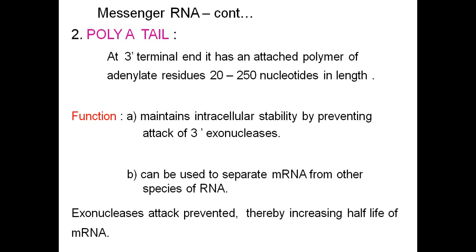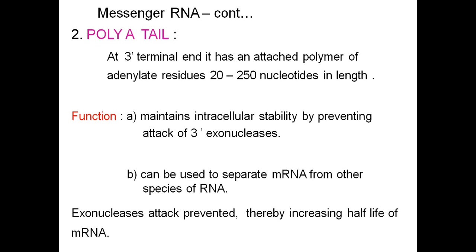A means adenine nucleotides, a rich repeated A sequence. So many A's, with the number ranging from 20 to 250 nucleotides. It depends on the type of mRNA and the purpose of the mRNA.